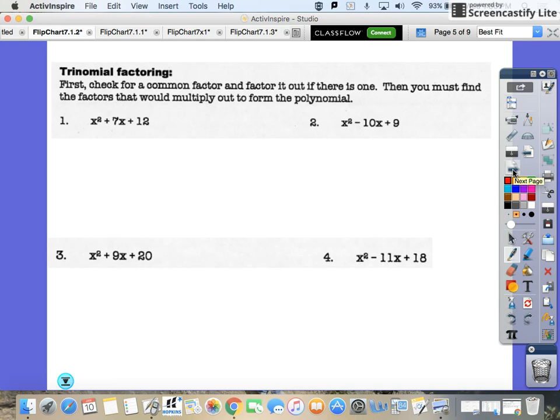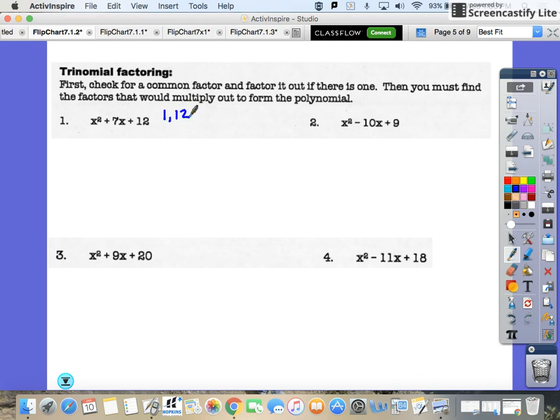So let's do some examples. Here it says first check for a common factor and factor it out if there is one. That means if you can pull something out front from both, go ahead and do that first. Then you must find the factors that would multiply out to form the polynomial. So let's think of the numbers that multiply to 12.